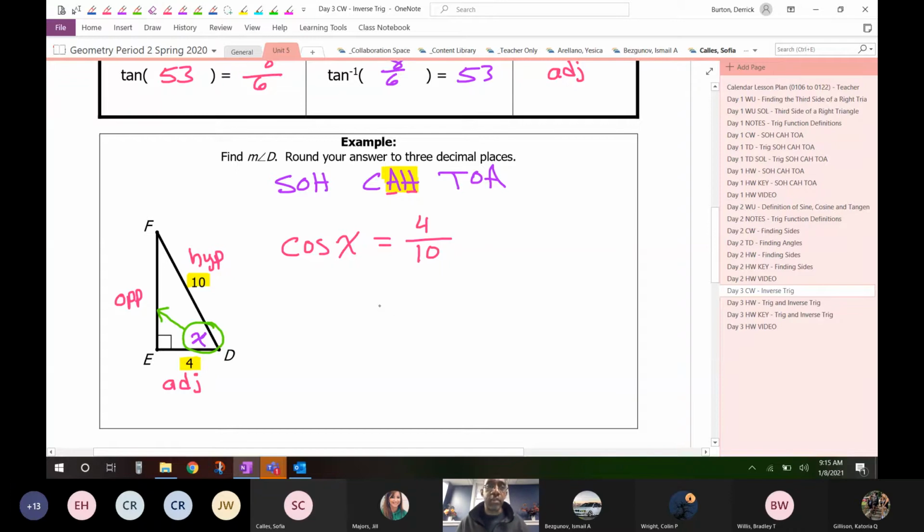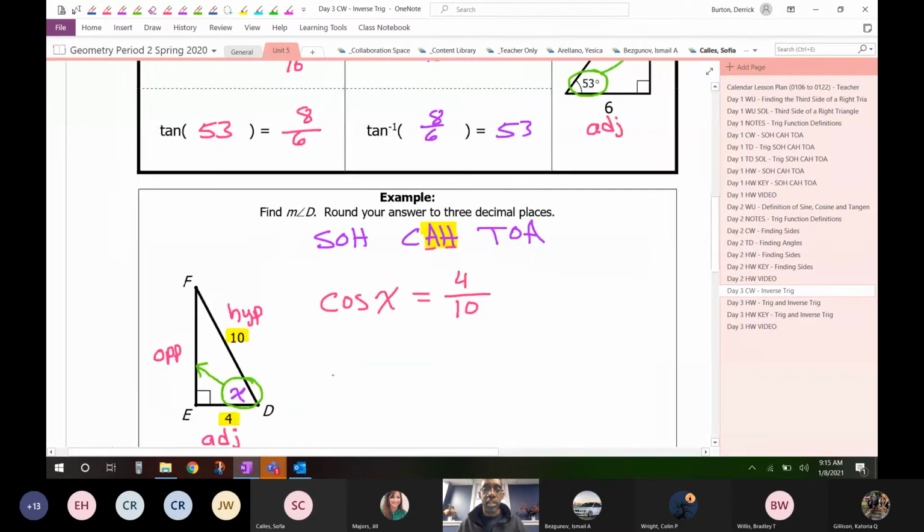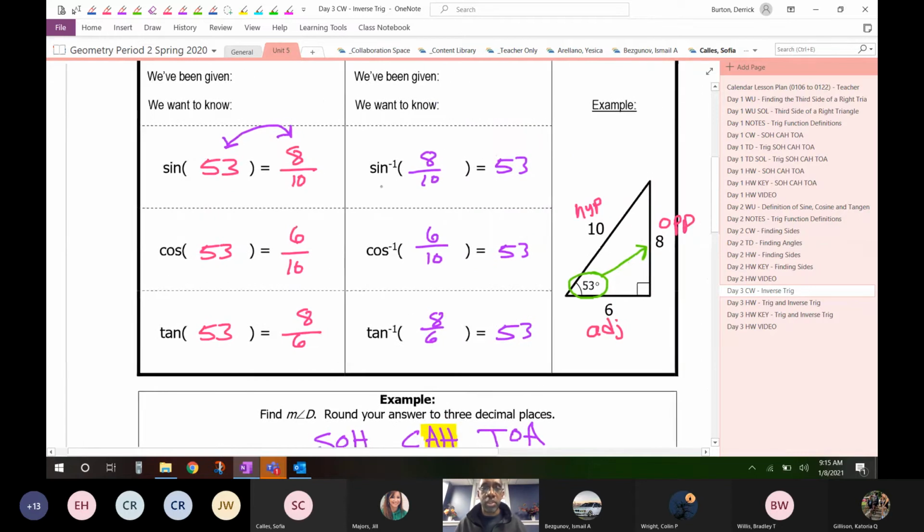Now, here's the key that we just practiced above. We could use the inverse cosine to solve this. If I do the inverse cosine, I'm going to put a little -1 here. Now, let's do what we did up here. Remember, when you do the inverse trig function, all you do is reverse these values.